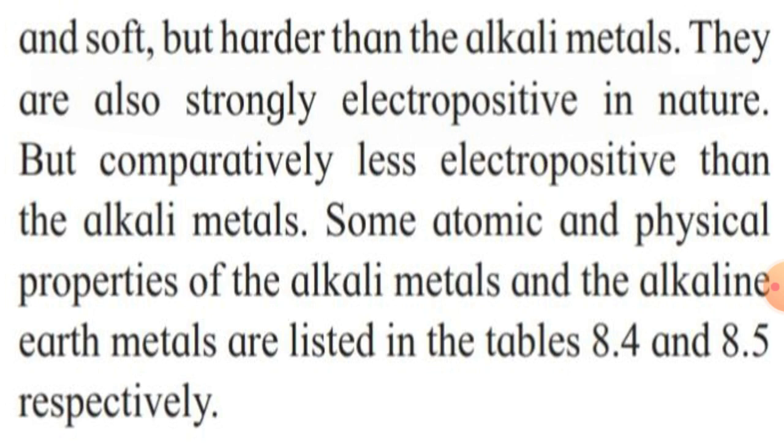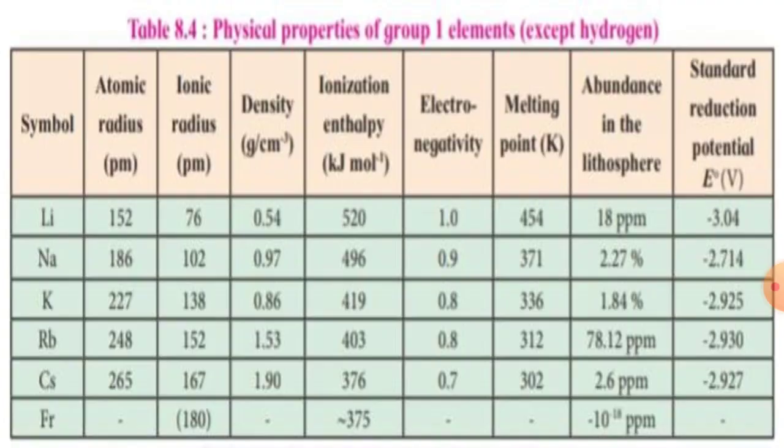Group 1 elements are alkali metals and group 2 elements are alkaline earth metals. Both have silvery white luster and both are soft, but alkaline earth metals are a little bit harder than alkali metals. Both are strongly electropositive in nature. Group 2 is a little bit less electropositive than the alkali metals. This is the table which we are going to study.